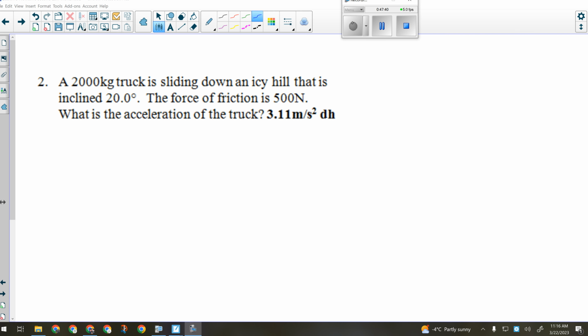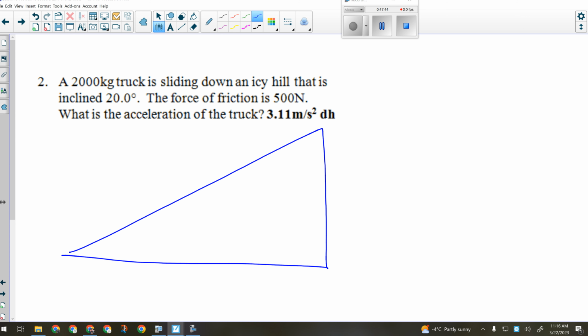All right, so on number 2, we've got our icy hill that's angled at 20 degrees above the horizontal, and we've got our 2,000 kilogram truck sitting on it, right? The forces acting on the truck: obviously gravity, which is acting down, which will be 19,620 newtons.